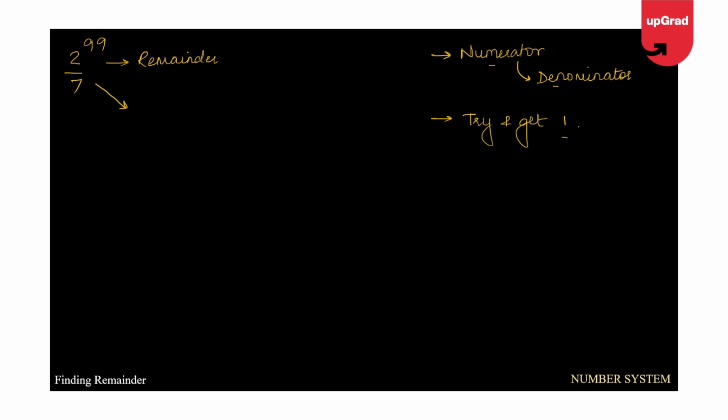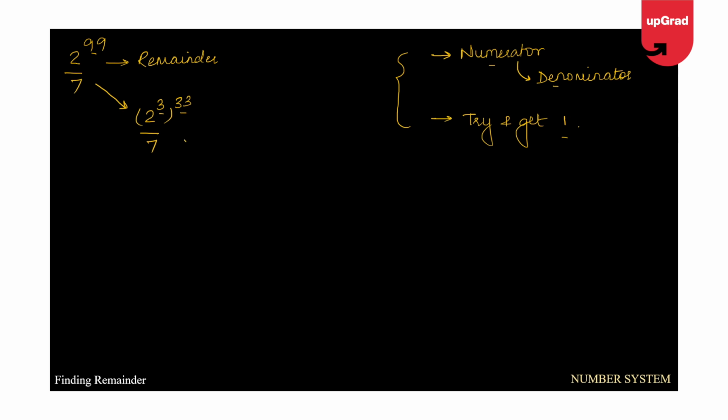When I'm going to write 2 to the power 99 as 2 cubed to the whole power 33 by 7, I am trying to achieve either of these two cases. By writing 2 raised to the power 3 to the whole power 33, I have not violated any of the mathematical concept, because 3 multiplied by 33 will again give me 99.